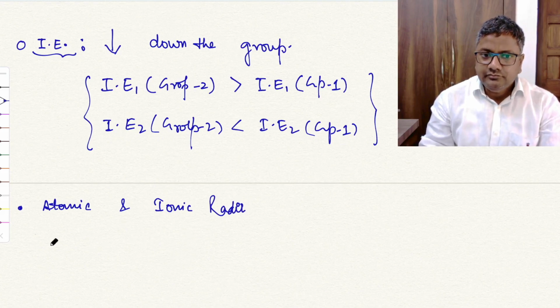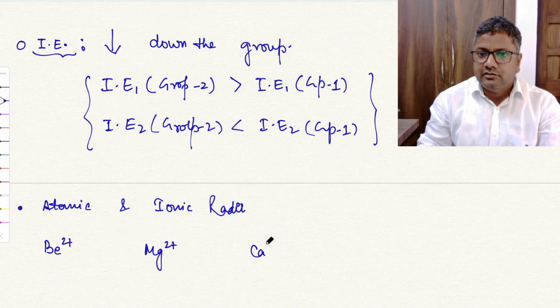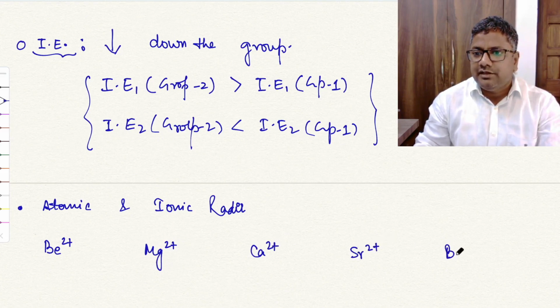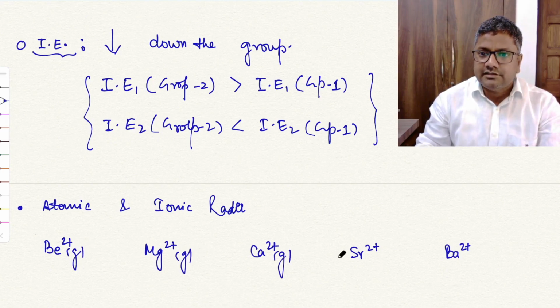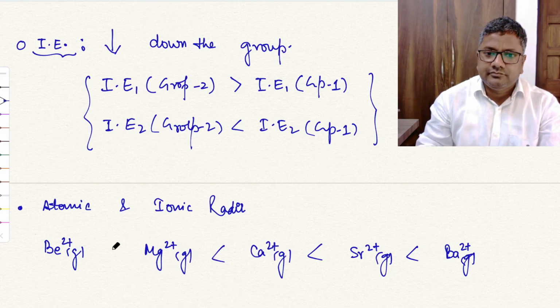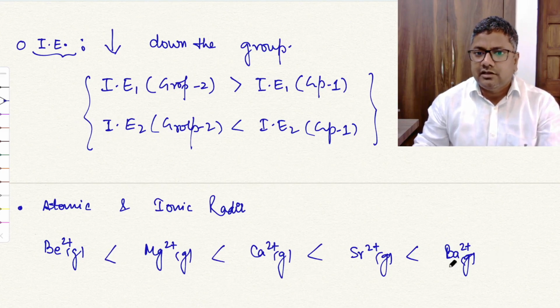If you compare Be2+, Mg2+, Ca2+, Sr2+ and Ba2+ in the gaseous phase, Ba2+ is largest. This is the order of ionic radii.